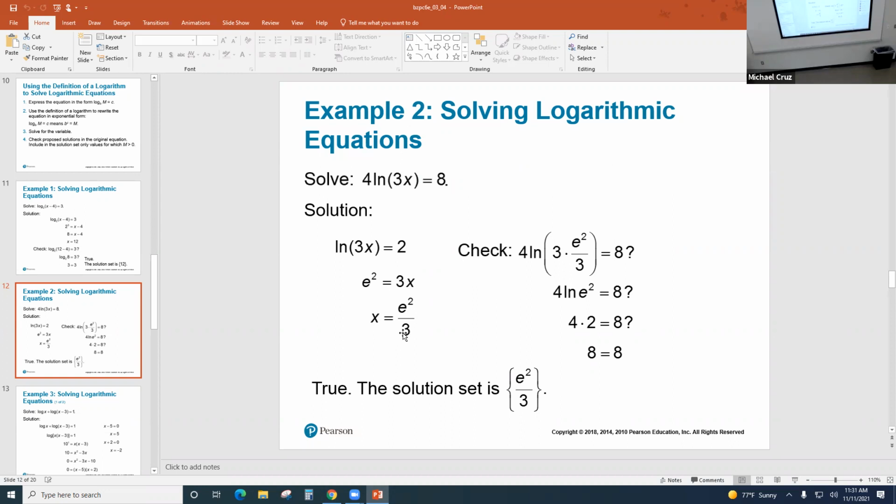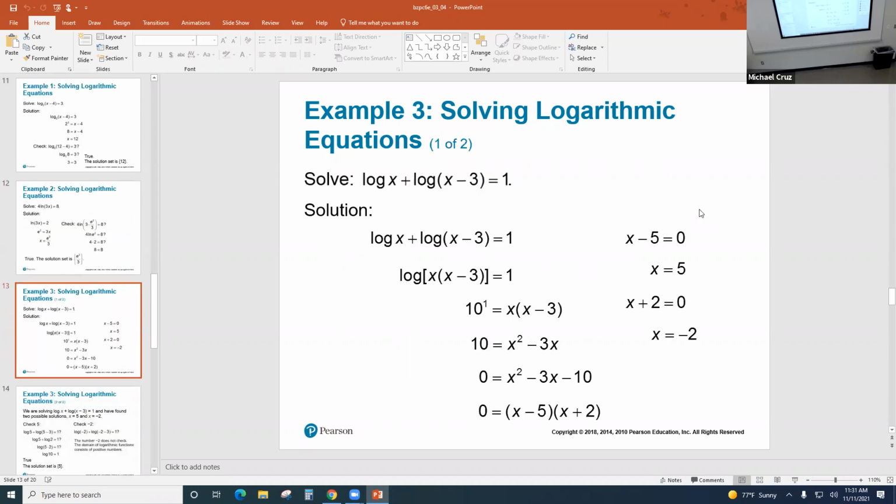And again, you got to check it, because if this comes out to be a negative value in here, then you're going to have a problem, because everything in there has to be greater than 0. I'm sorry, greater than or equal to 0. It can be 0, but no, it can't be negative.